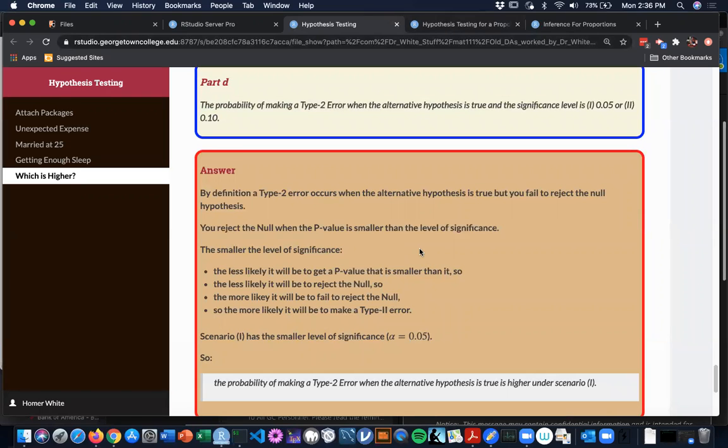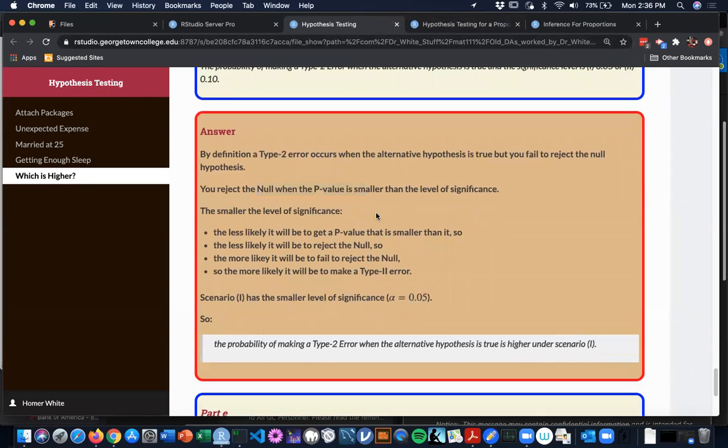Now, when do you reject a null hypothesis? You reject it when the p-value is smaller than the level of significance. Now think about this. The smaller the level of significance, the less likely it will be to get a p-value that's smaller than it. Think about 2 feet versus 10 feet. It's easier to be shorter than 10 feet than it is to be shorter than 2 feet.